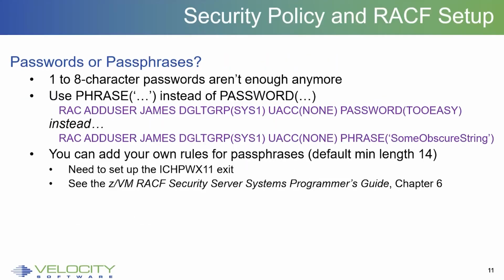Now let's talk about passwords or passphrases. Traditionally on your z/VM systems, passwords are used. Those are 1 to 8 character strings that you use to log on to your system. But these days, they're generally not good enough anymore. So a lot of companies are choosing to use passphrases. And RACF supports passphrases along with passwords. You can actually configure RACF and allow both at the same time.